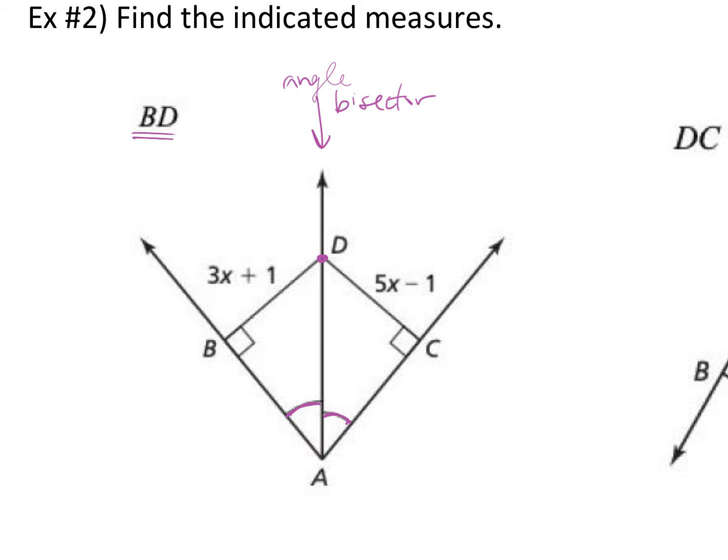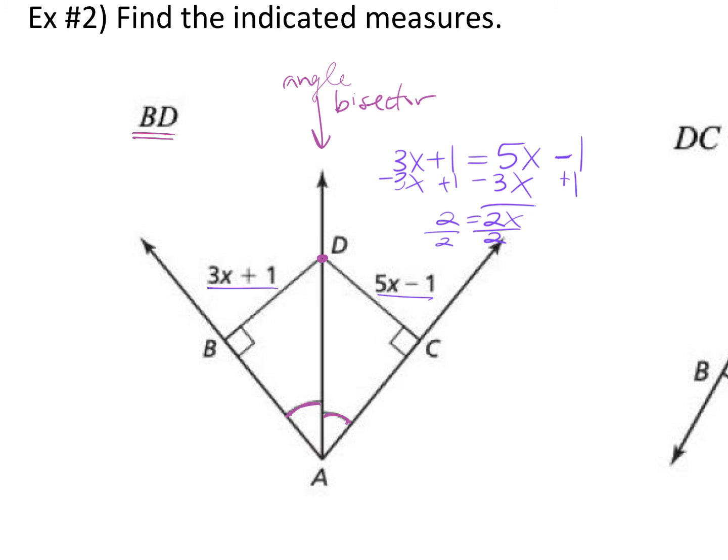What do? Set them equal. 3x plus 1 has to be the same distance away as 5x minus 1. Okay, so you set them equal and you solve. Take away the 3x. Add the 1, so you get 2x equals 2, divide by 2, so x is 1, okay, but they didn't ask for x, they asked for BD.